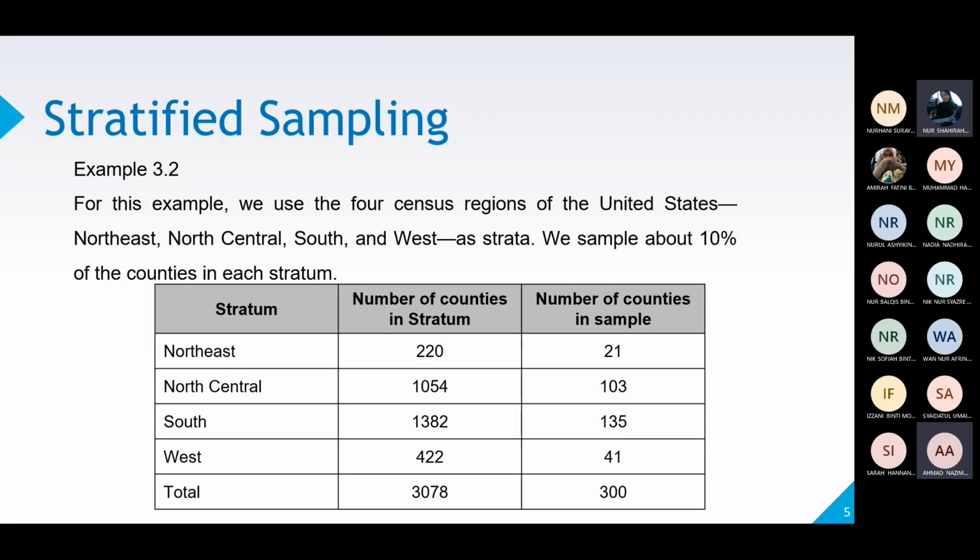Let's look at example 3.2. This is actually the same example as in the previous chapter. However, this time we use stratified random sampling to choose the sample. In the previous chapter, we took a simple random sample to estimate the average number of farm acres per county.